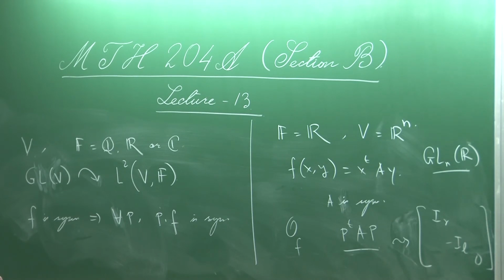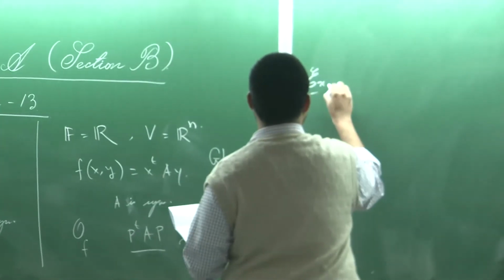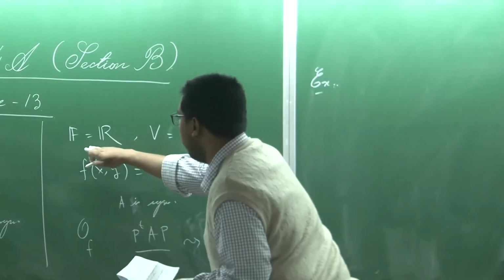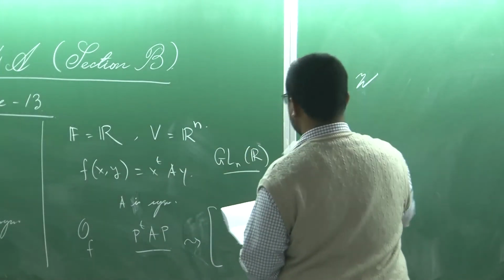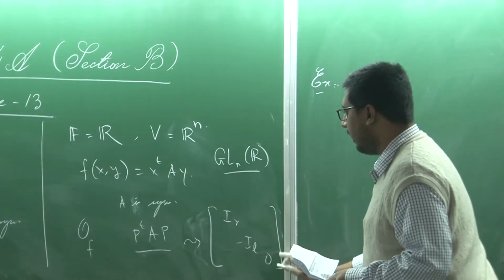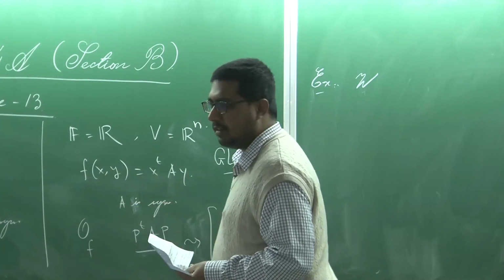So here, this is what I would like to leave as an exercise. If F is C, what happens then? Regarding this, on Rn we have seen what happens to the symmetric bilinear forms.